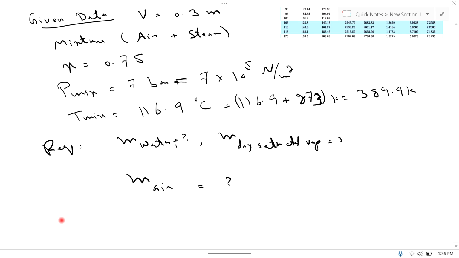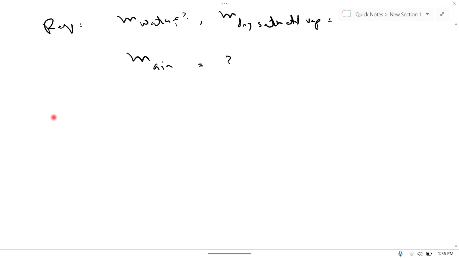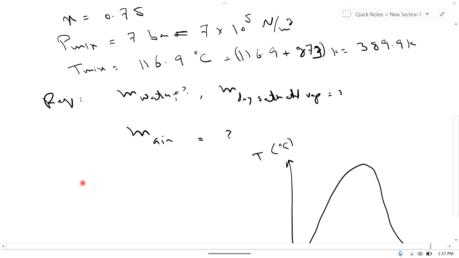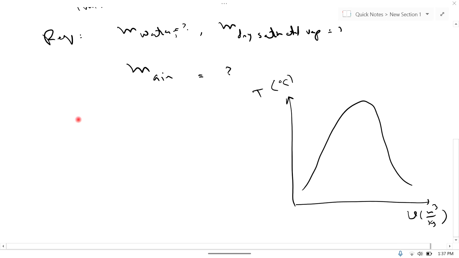First, we find the pressure of the saturated vapor. Let's suppose this is a TV diagram, temperature in degree centigrade versus volume in meter cube per kg. This is the saturation curve, and the temperature is 116.9 degrees centigrade.